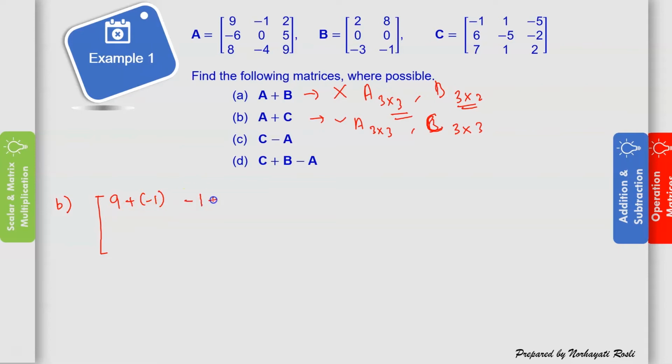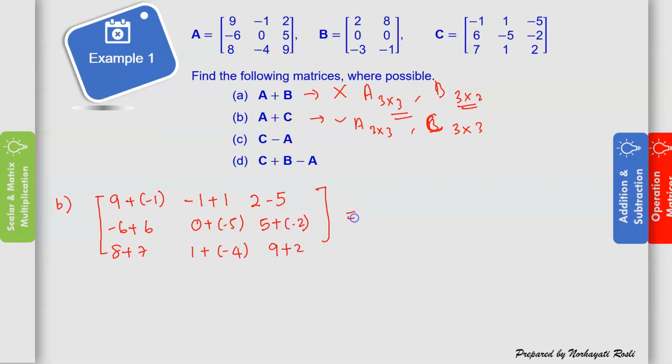And then negative 1 plus 1, 2 plus negative 5, and then negative 6 plus 6, 0 plus negative 5, the element for A, 5, plus negative 2 for C, and then 8 plus 7, negative 4 plus 1, 9 plus 2.